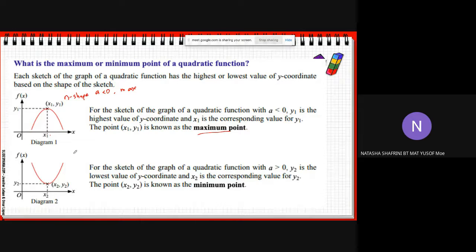Yang ini U shape. Apa value a? More than 0 or less than 0? More than 0. Then minimum. Nampak tak? Coordinates you boleh carilah, baca je dekat sini. Okay, next.